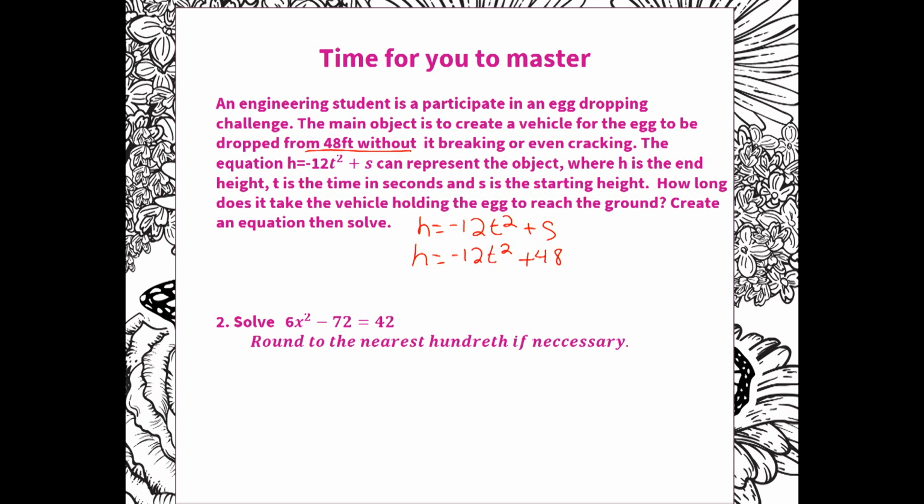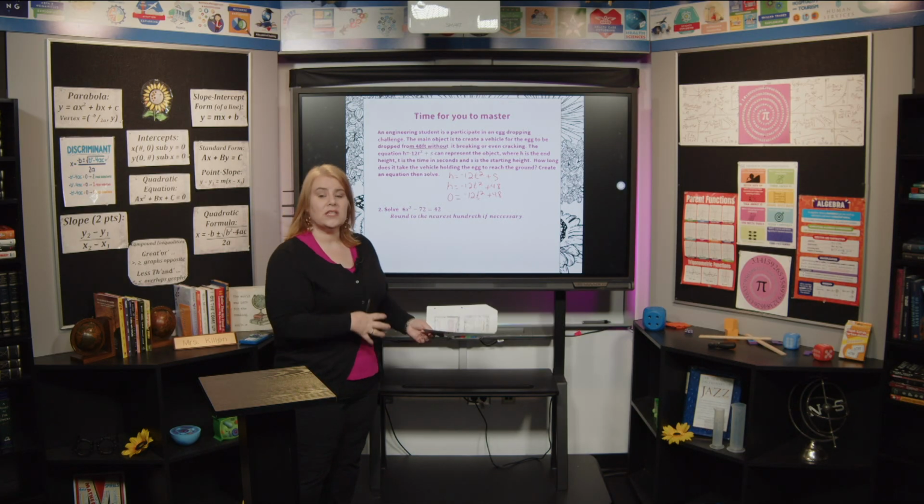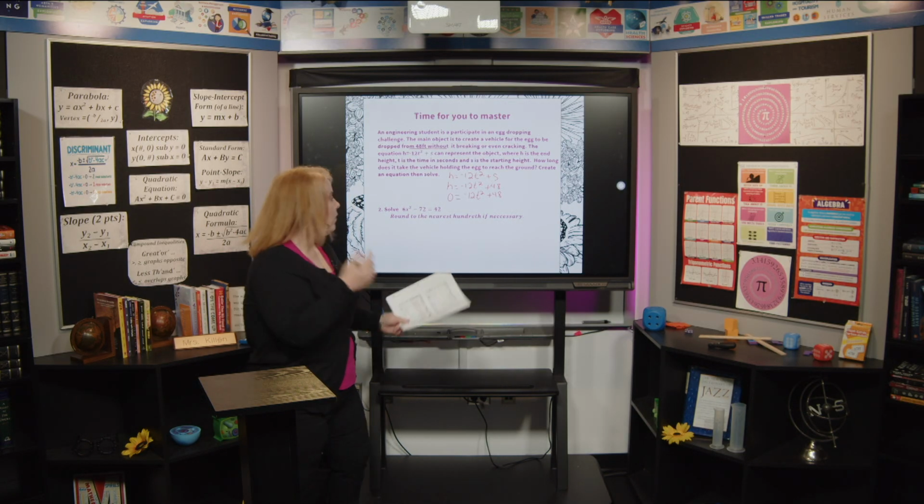So create the equation, then solve it. When I'm solving, I want to get to the ground. Ground is always going to be my 0. So here we go, negative 12t squared plus 48. I'm just going to isolate my t. That's how I'm going to work this one.